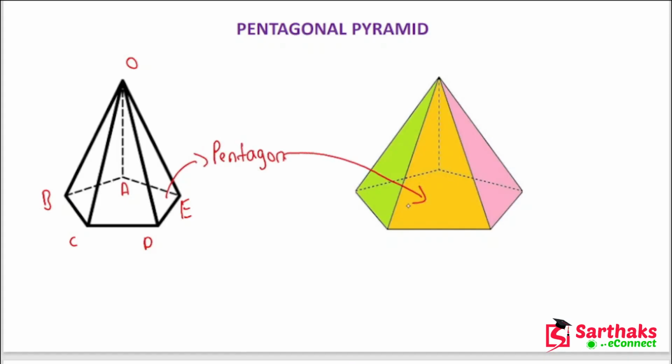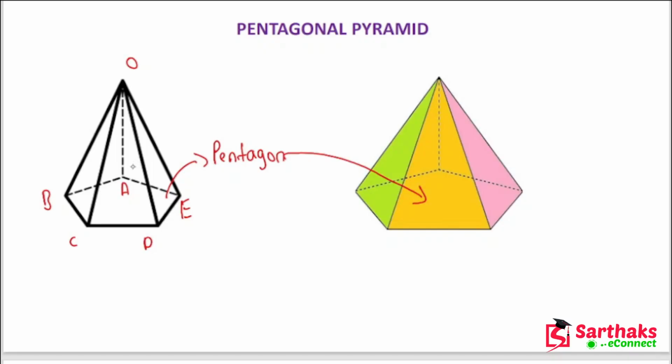In both the cases you can clearly see there are 5 triangular faces, 1 common vertex and all the other things. Now if you count the number of vertices, there are A, B, C, D, E, 5 on the base, 1 on the top. If you count the edges, there would be 10, right? So this was all about pentagonal pyramid.